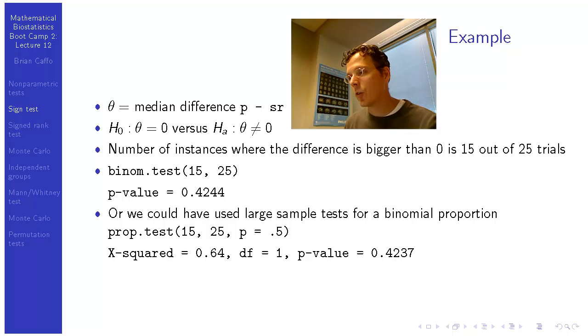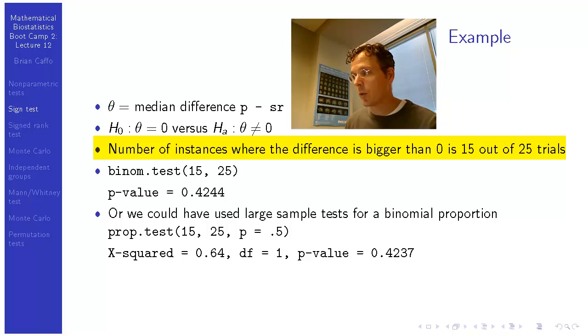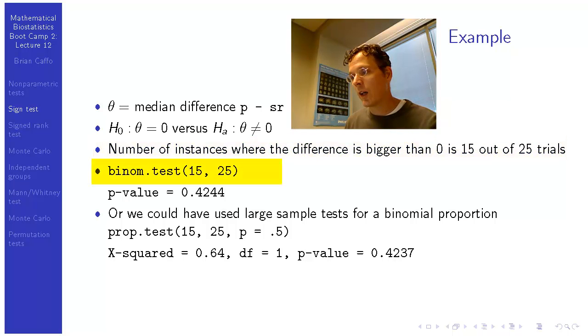Okay, so let's go back to our example. So theta is the median difference of P minus SR. Our null hypothesis is that theta equals 0 versus the alternative that it's different from 0. The number of instances where the difference is bigger than 0, if you go back to the table, works out to be 15 out of 25 fish. And the binomial test then is the question of whether 15 positive instances out of 25 is large.